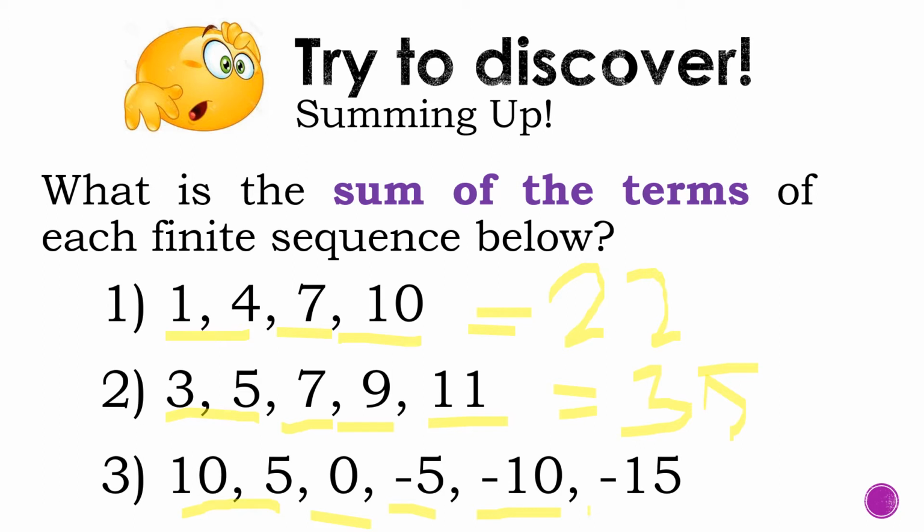So 0 plus negative 15 is negative 15. Okay, so the sum in this sequence is negative 15. Now, we used the concept of summing up in this activity.